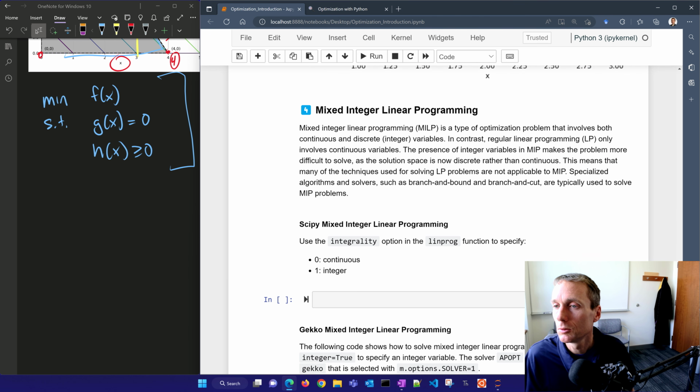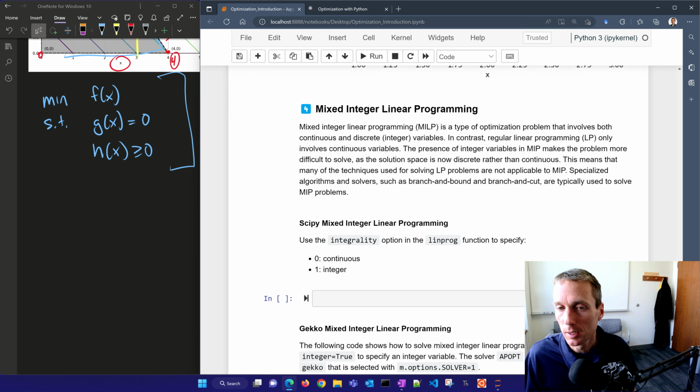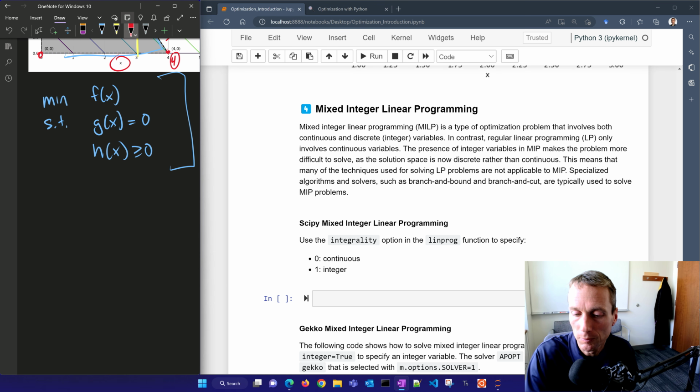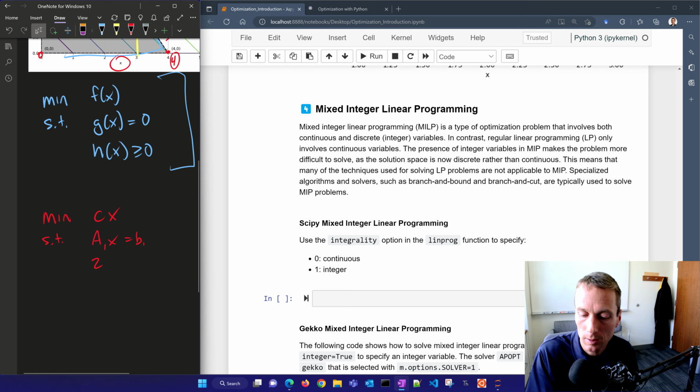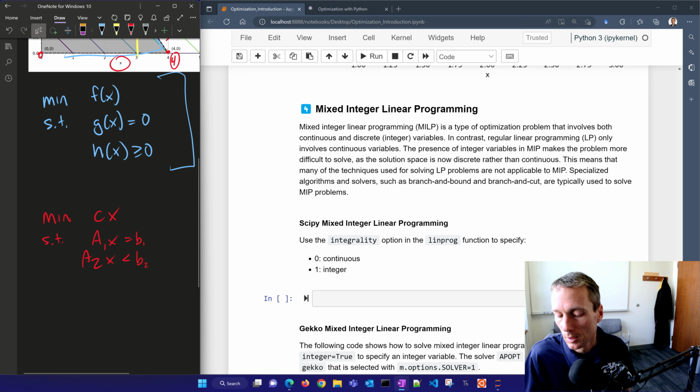Okay, so let's go on to now mixed integer linear programming. So this is similar to what we did before with linear programming. So I'm going to minimize cx subject to my equality constraints and I'll do a2 times x less than, or you could do greater than, b2.